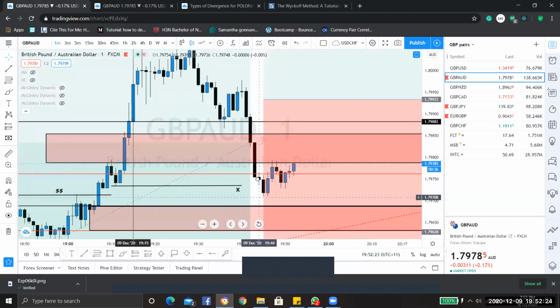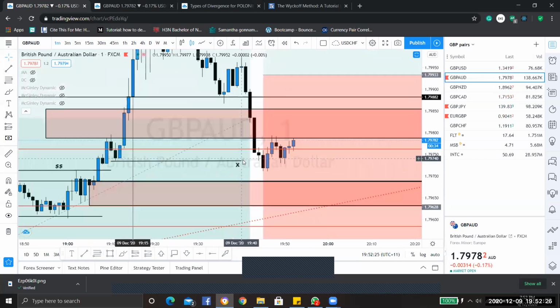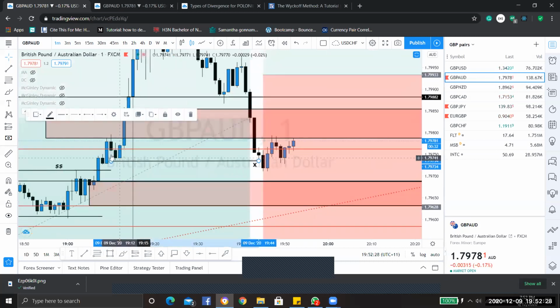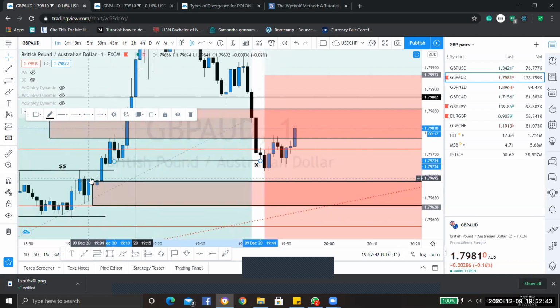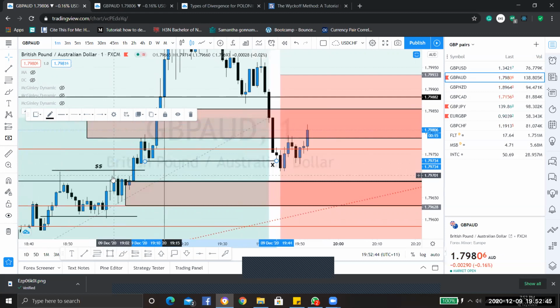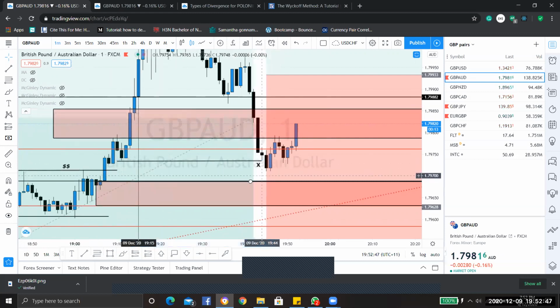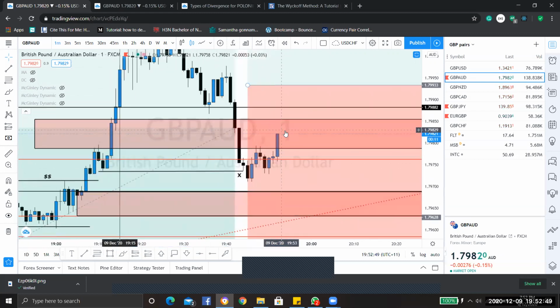Okay, sure. You can see this down candle, and boom, this was halted over here. This bearish candle took out these lows. And where did it come? I think it came to this last move up. Now the market is trying to go up.